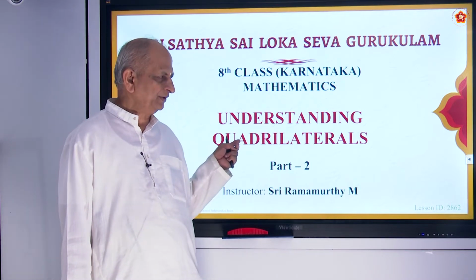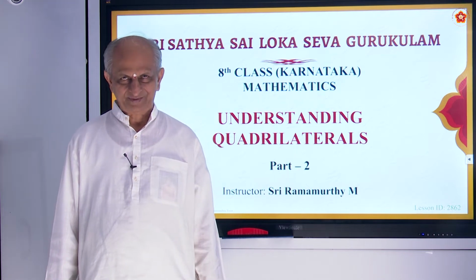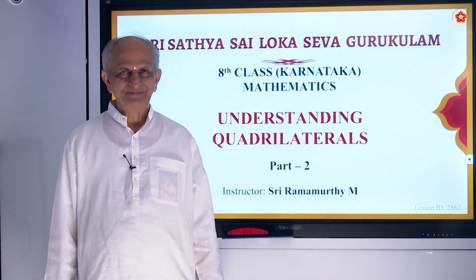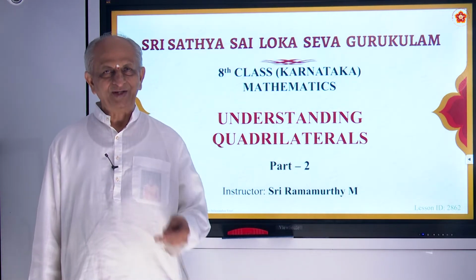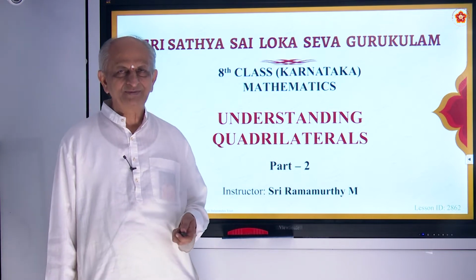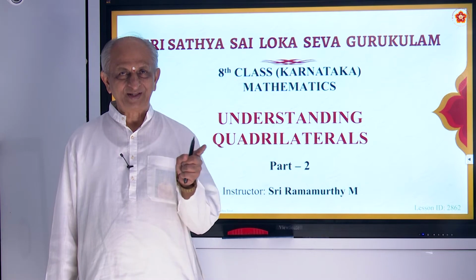Now we are studying about quadrilaterals. Very interesting chapter. Now we'd like to invite you, when you come to the next class, to make a list of all the quadrilaterals which are there in your home.